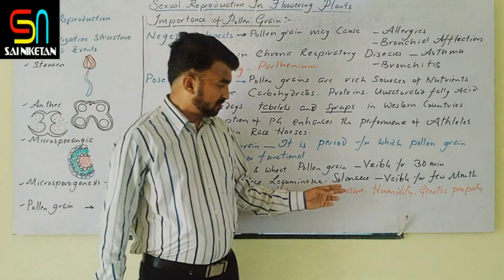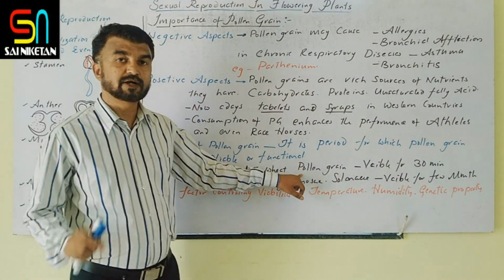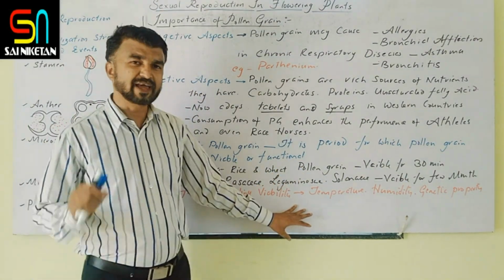The temperature, humidity and genetic property of that pollen grain will decide the viability period. Clear? So it is highly variable.